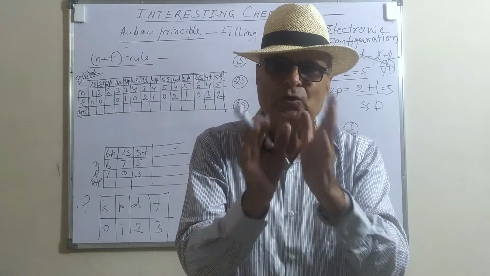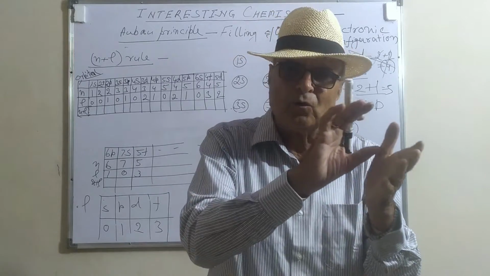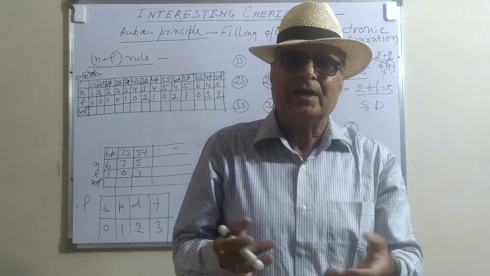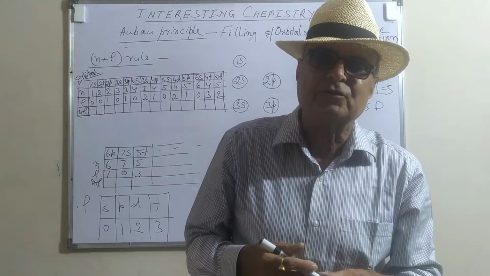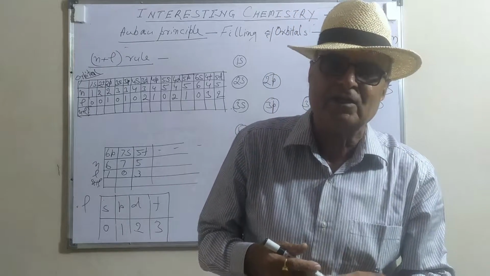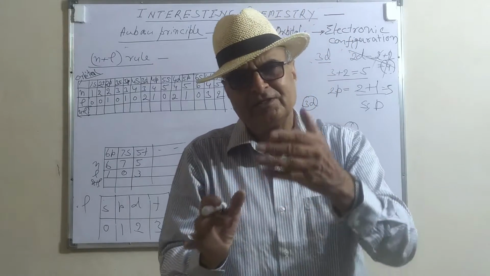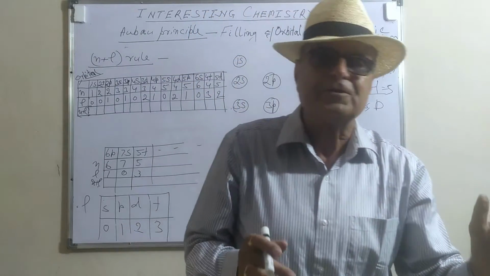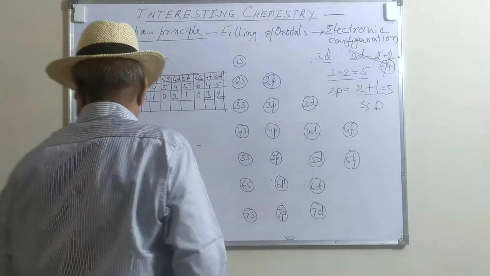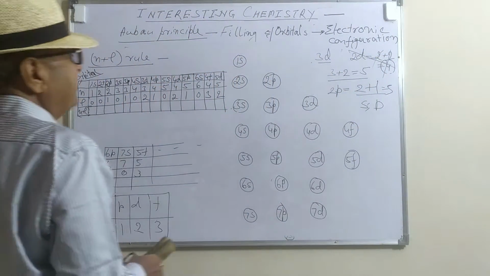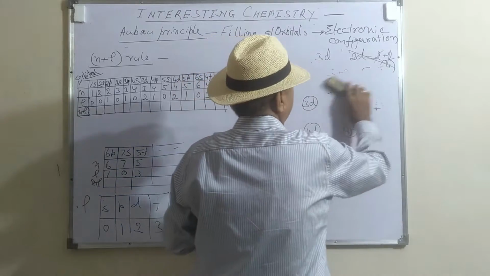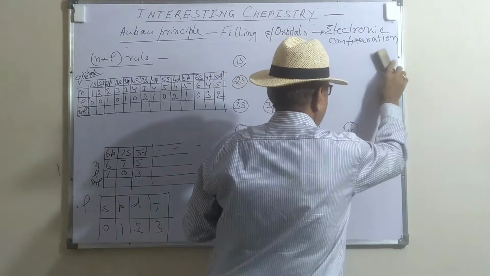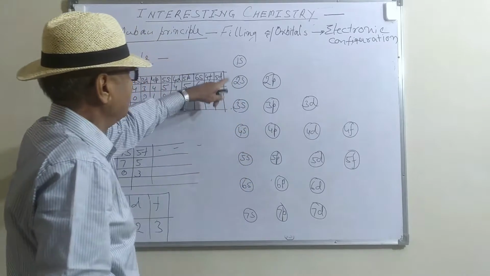If you have a question in which some orbitals are given and you are asked to find the value of N plus L, first confirm the existence of that subcell. I think you have understood how to find the value of N plus L.